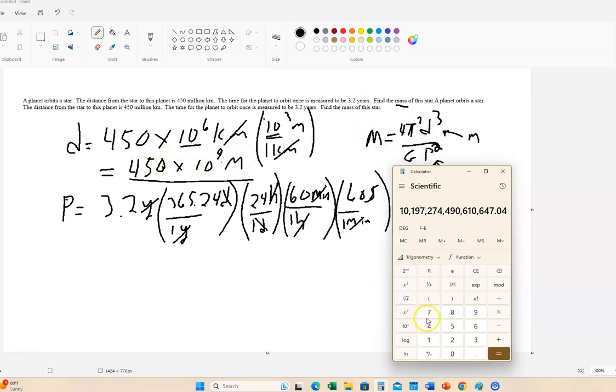So I'm going to say 4 pi squared, so we've got 4 times pi squared times 450 times 10. You've got to use the EXP button or the EE button if you have a Texas Instrument. Anyhow, times 10 to the 9th.